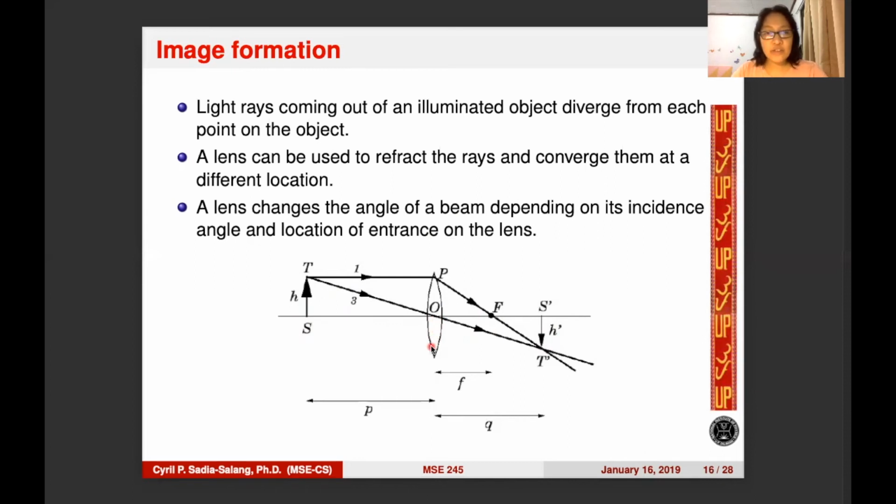Since the index of refraction of the lens is greater than that of air, the ray moves toward the perpendicular as it enters the lens, and it moves away from the perpendicular as it exits the lens. The point at which the ray crosses is defined to be the focal point F. The distance from the center of the lens to its focal point is defined to be the focal length, small f, focal length of the lens.